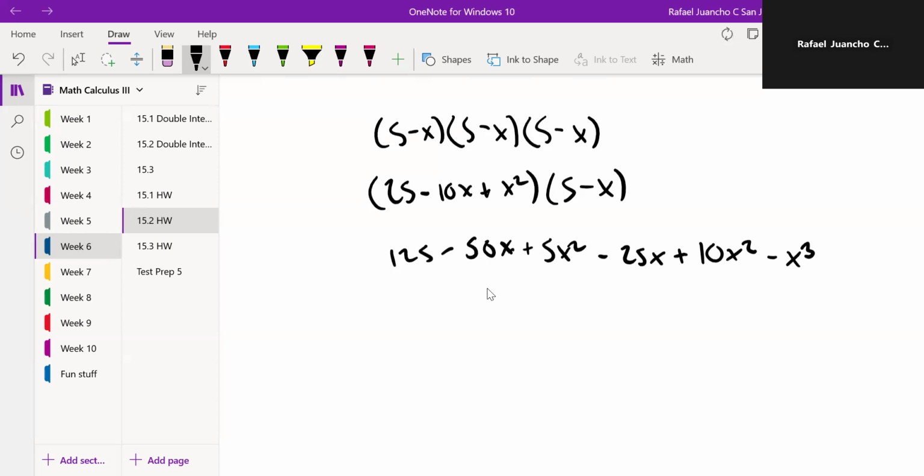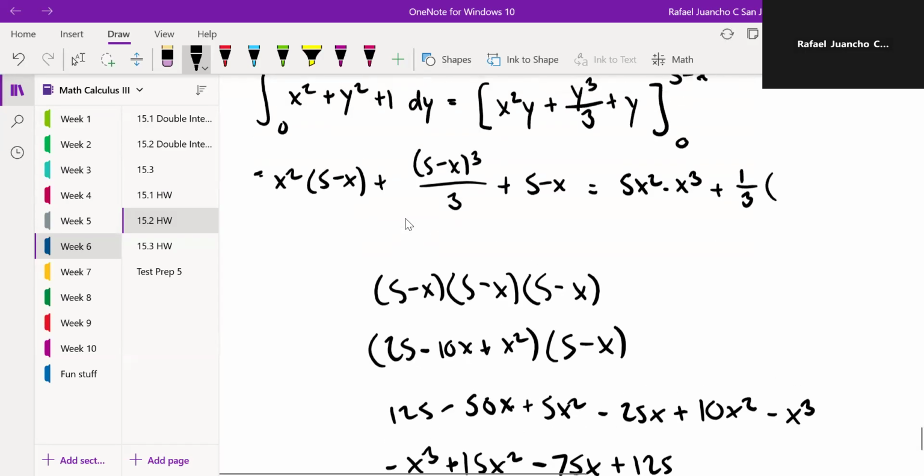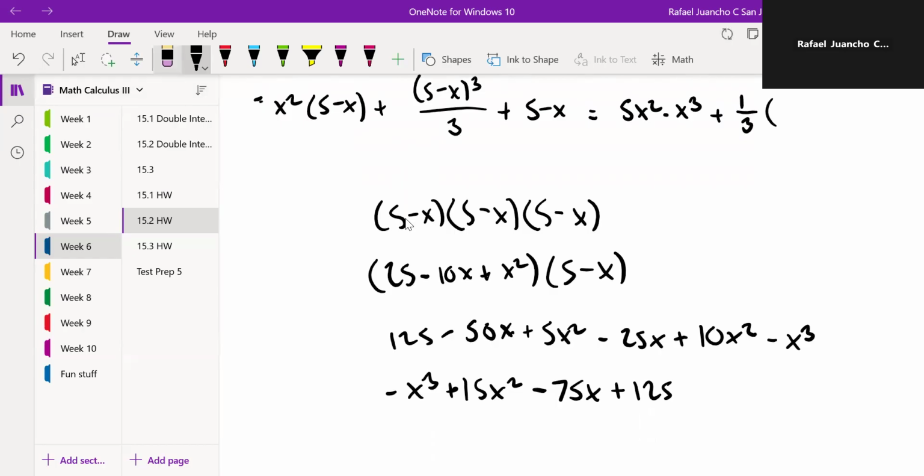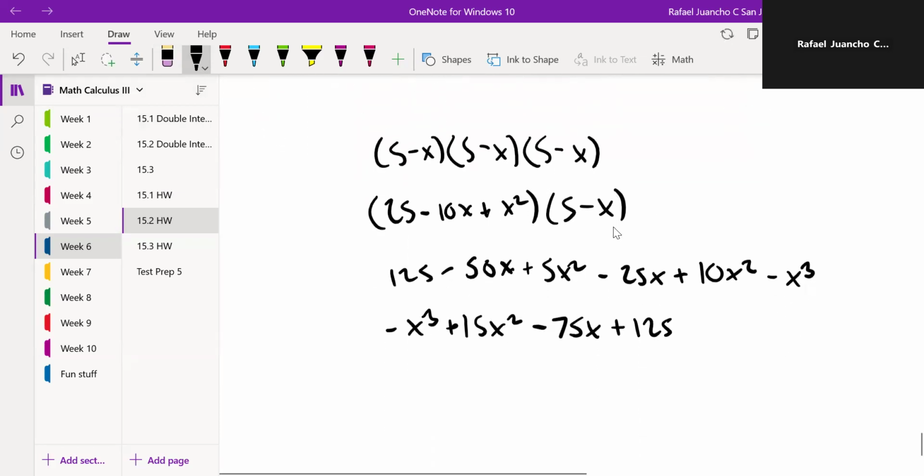And then from there I should get minus x cubed, plus 5 plus 10, plus 15x squared, minus these two, that's 75x plus 125. And so that's the whole thing there, right? And then I divide all of that by 3.